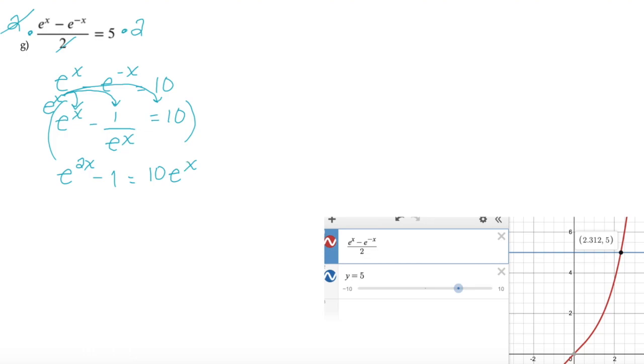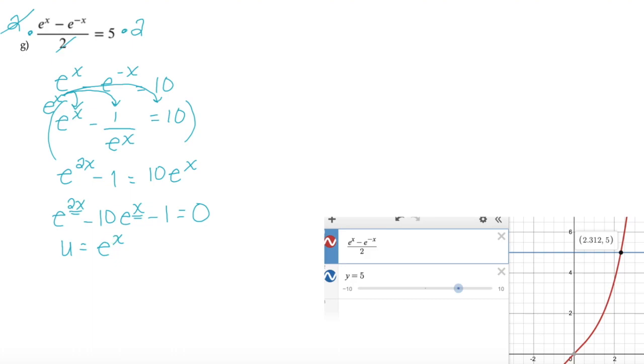I'm going to subtract 10 e to the x and put it in descending order here. Now we have 2x, 1x, and no x's, so it's set up like a quadratic. Let's let u equal e to the x.